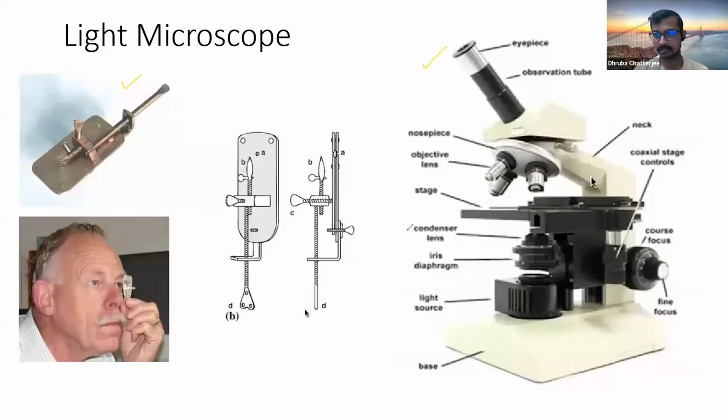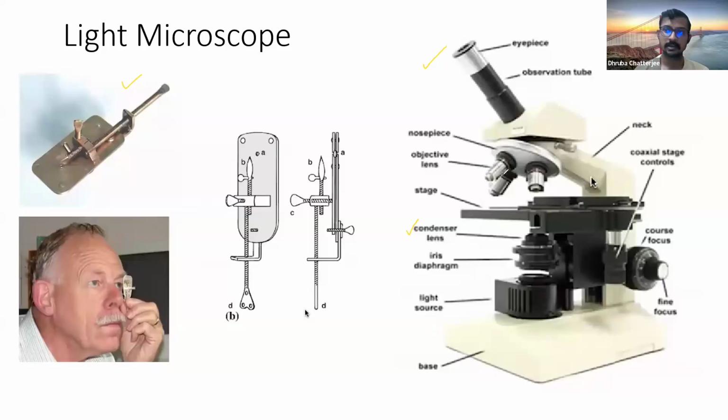For example, there is this condenser lens. In the case of light microscope, the source of illumination is visible light, and then there is this condenser lens which focuses the light on the sample that can be mounted on the stage, and from that the light comes to the objective lens which can have different magnifications.